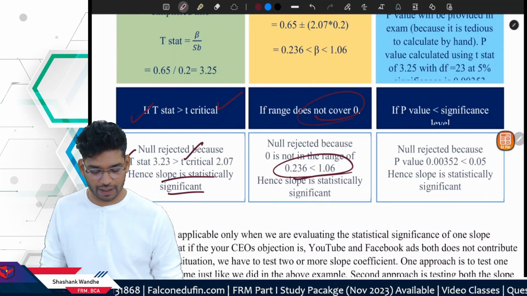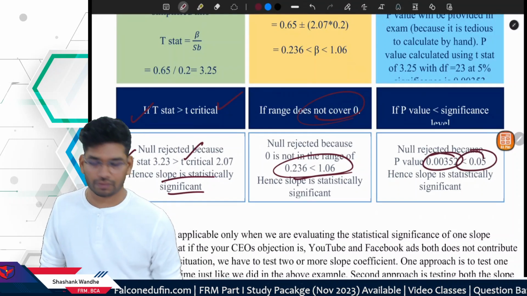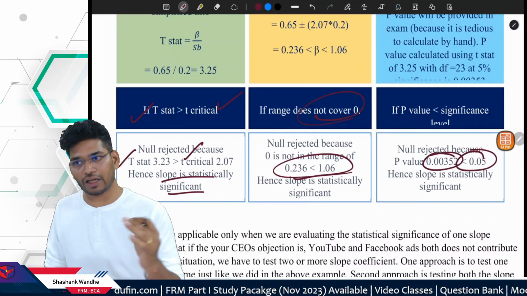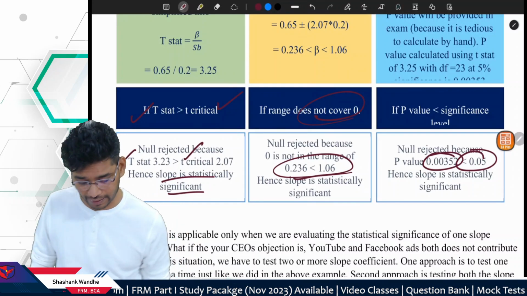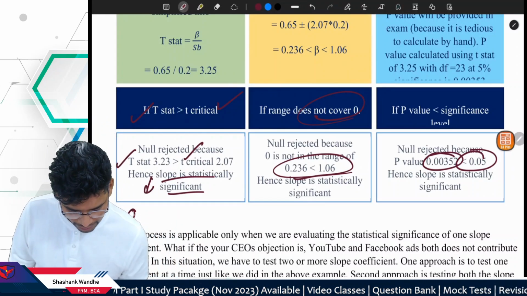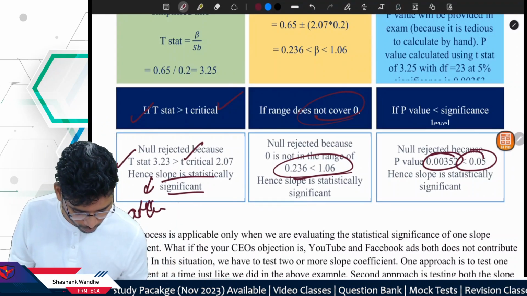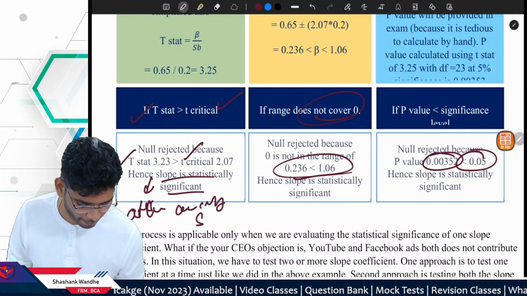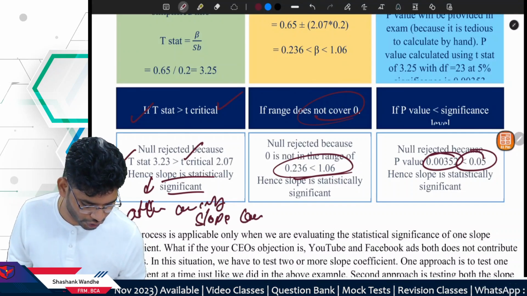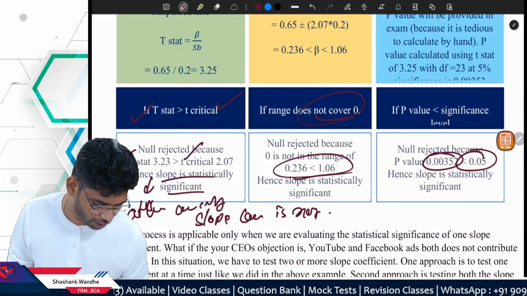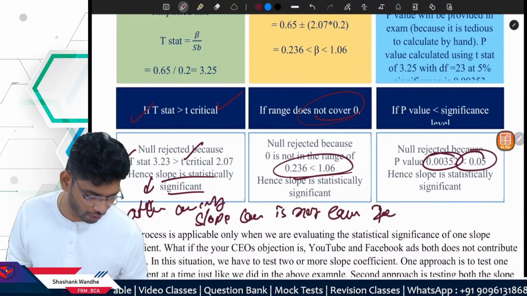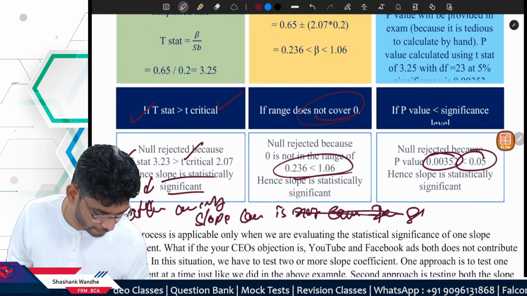Again, you have to look for the same values: lower p value, and you reject the null. At least one of the slopes is statistically significant. The correct wording is at least one of the slope coefficients is not equal to 0, or statistically significant.